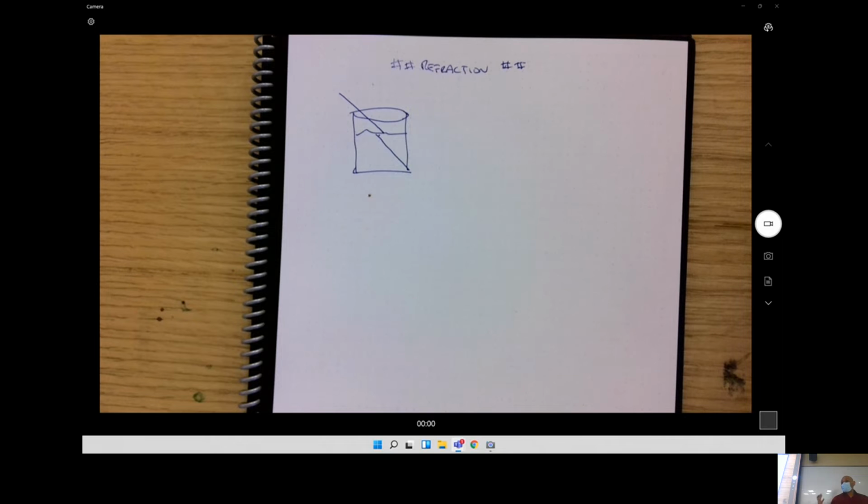It also happens, for example, if you are looking for something that's underwater, it usually looks to be in a different position than it actually is, or that object seems to be distorted in size when submerged in water.